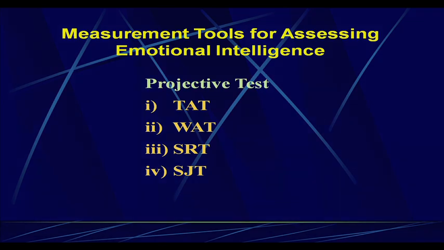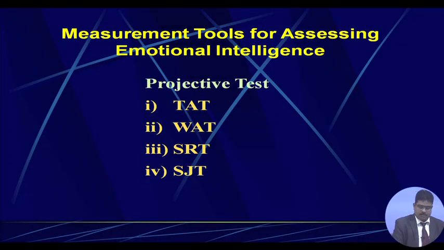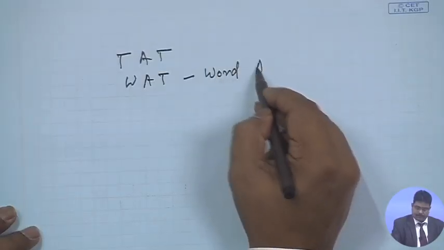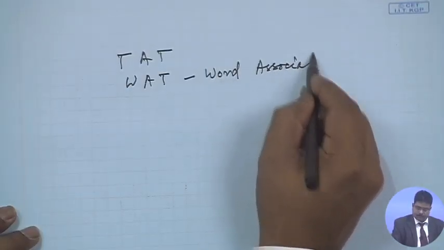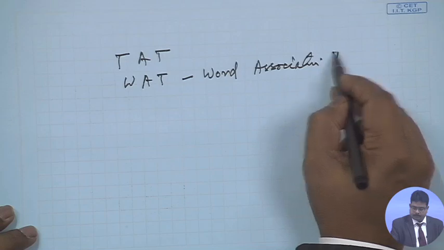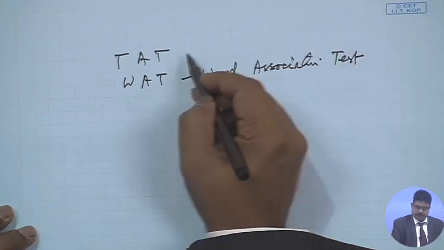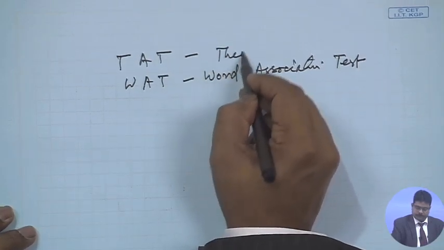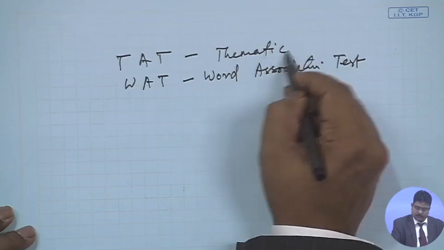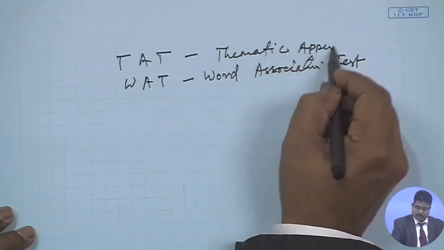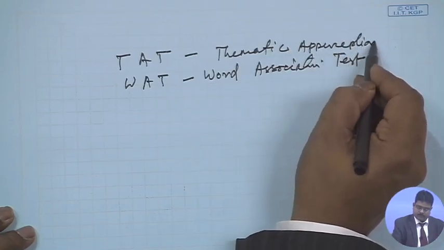For example, the Thematic Apperception Test, TAT, then WAT. This is called the Word Association Test.